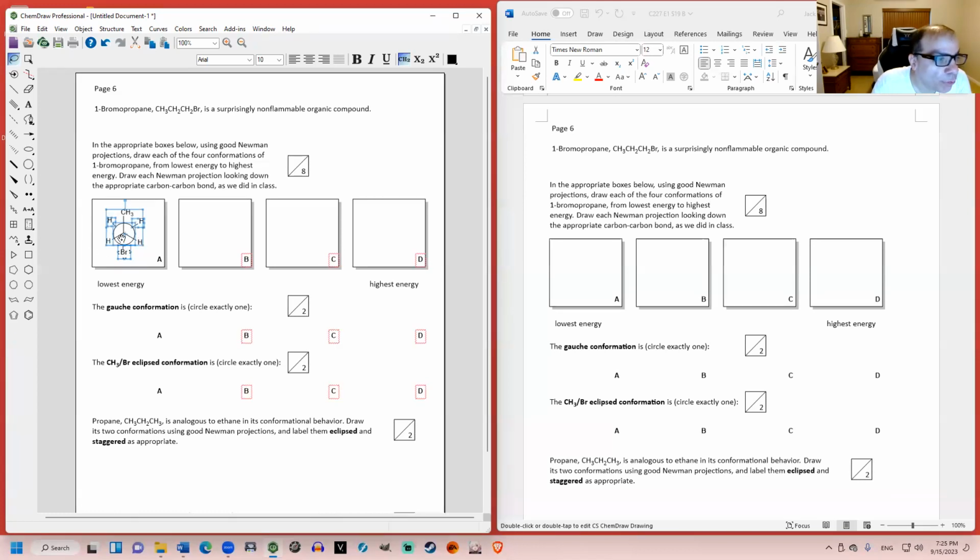The next lowest energy conformation will be the gauche conformation. And this is not the only correct way to draw these. So the two staggered conformations are the lowest in energy. The next one will be the methyl-hydrogen eclipsed conformation.